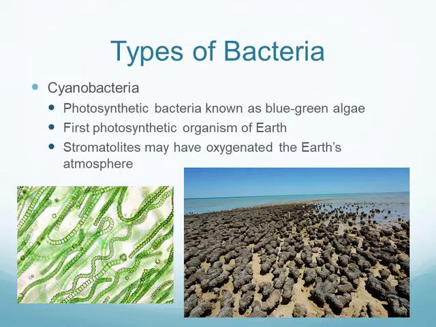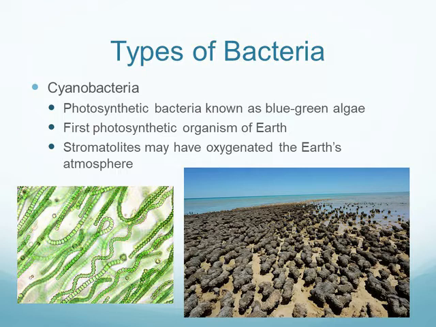And these particular bacteria are photosynthetic, so they create their own energy, so they don't infect other organisms like the decay bacteria does. And these guys were thought to be the first photosynthetic organism on Earth, and were thought to have a large contribution to oxygenating the Earth's atmosphere.